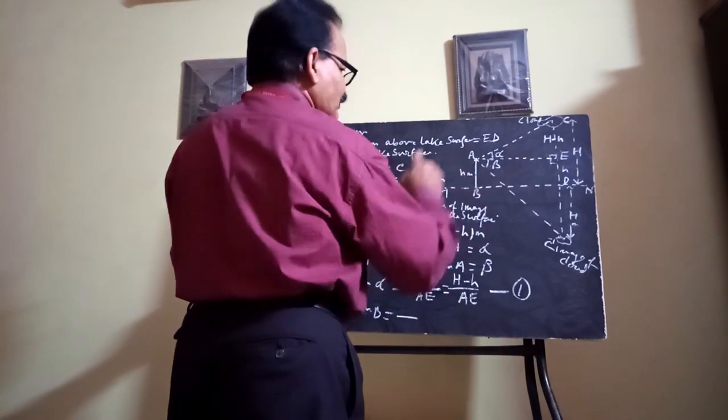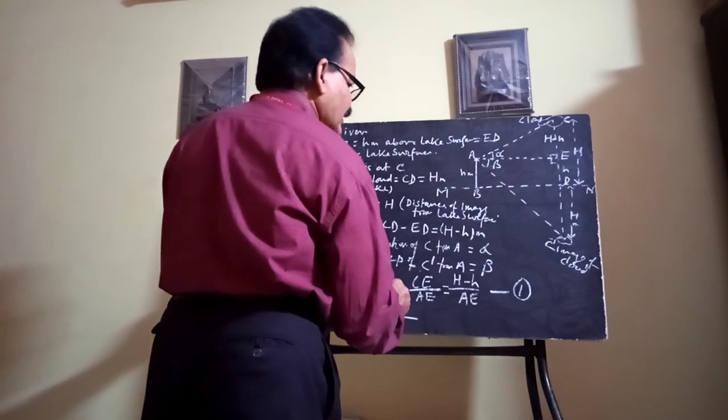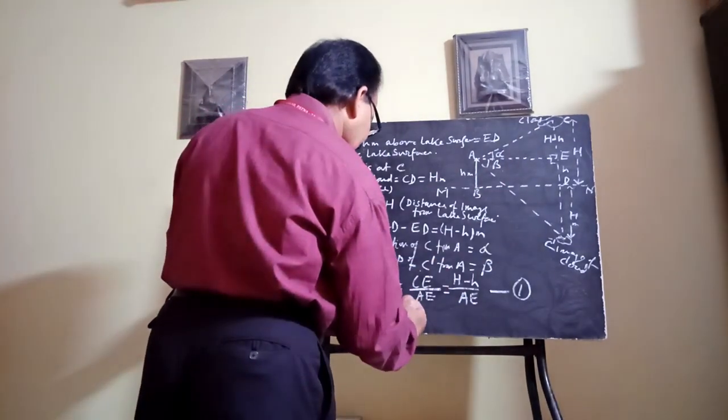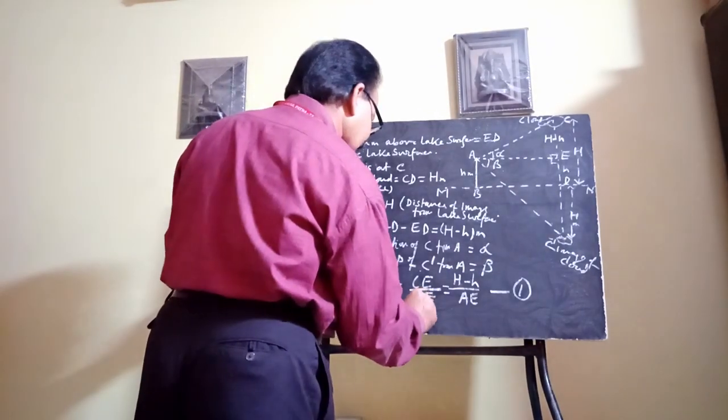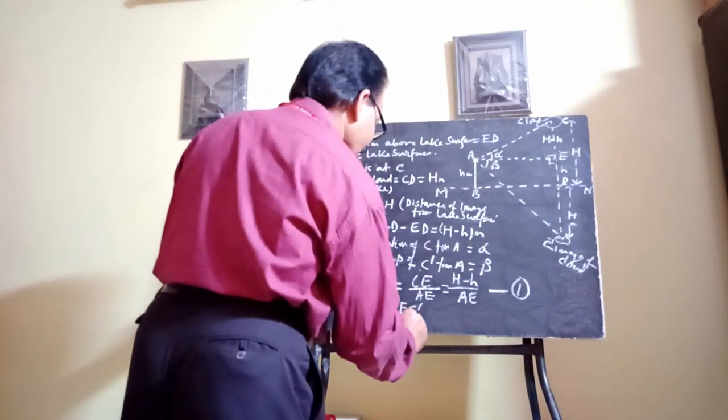So for tan beta, this will be EC dash by AE.